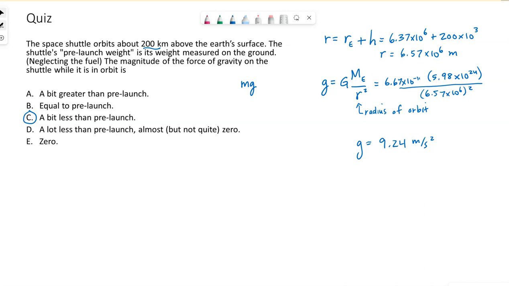Now it's certainly not 9.8, but in terms of the options I have, the weight, when I multiply the mass of the space station times this value of g, it's not going to be a whole lot less. So it's not 0, and it's not a lot less. It's not almost 0. It's actually still fairly close to 9.8. It's closer to 9.8 than to 0.